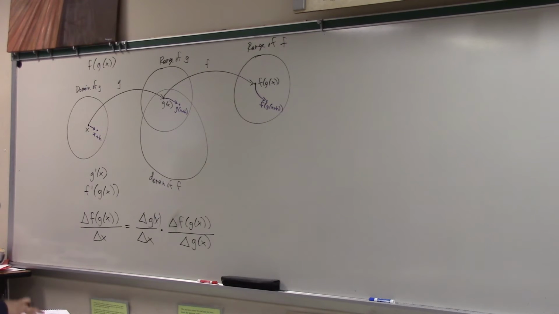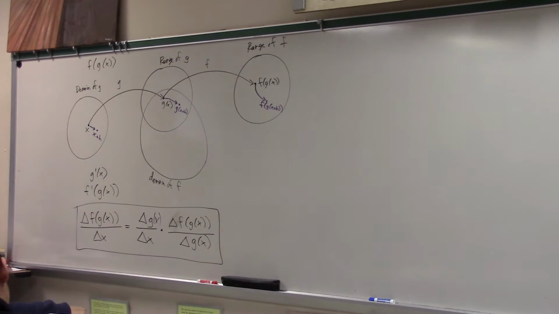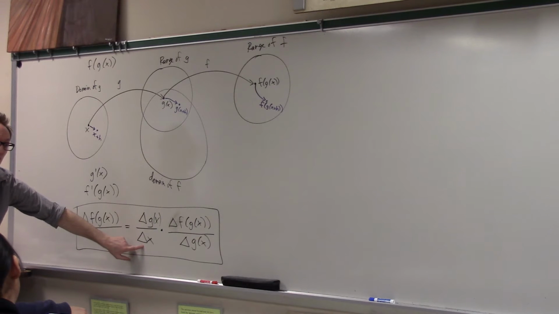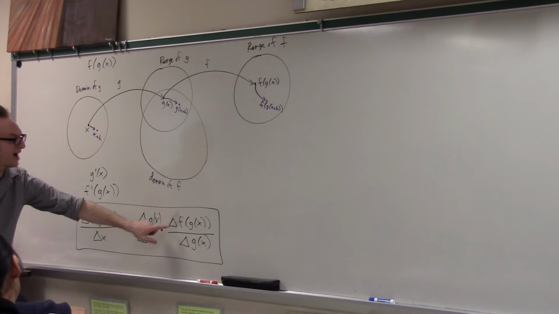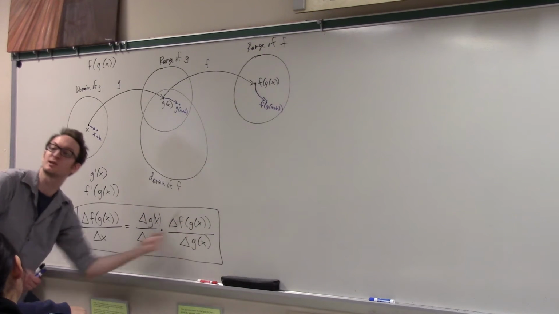Yeah, what this equation says, hopefully if you're interpreting it the way I am, is that how much the f of g of x function changes when x changes by a little bit is equal to how much g changes when x changes a little bit times how much the f of g of x function changes when g of x changes a little bit.